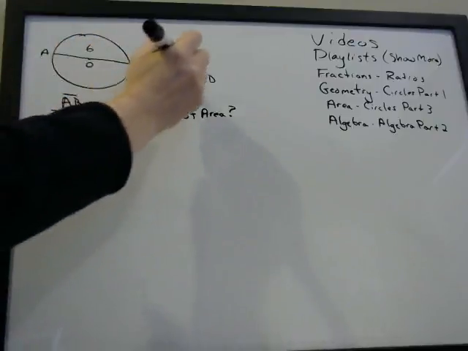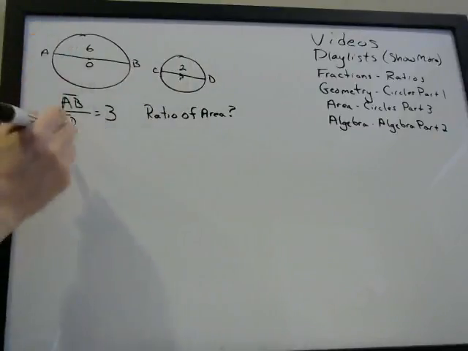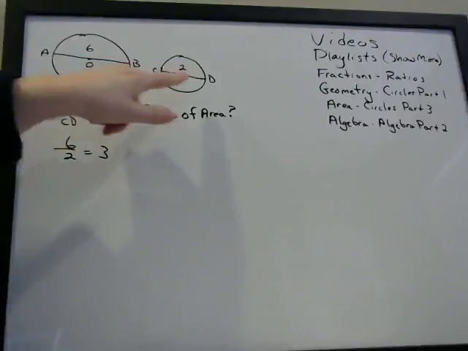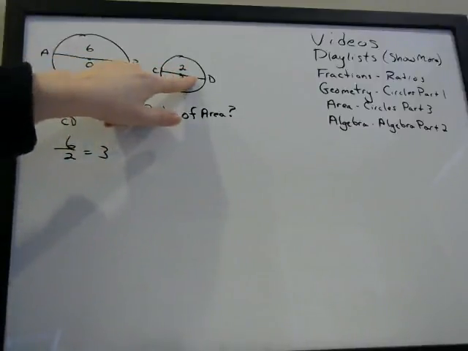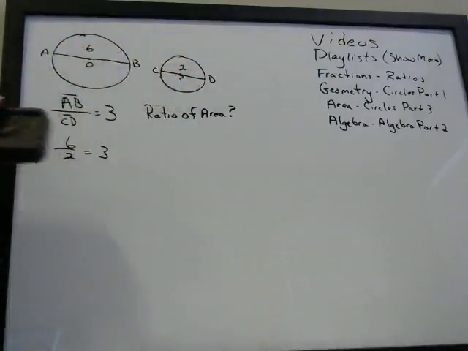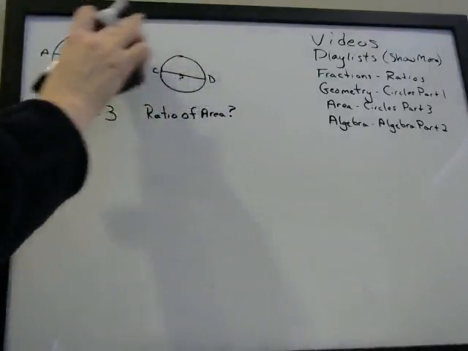So hopefully in your head you can say this would be 2, because the ratio of AB over CD, 6 over 2, equals 3. So this is 3 times bigger than that line, 2 to 3. That's what that means.